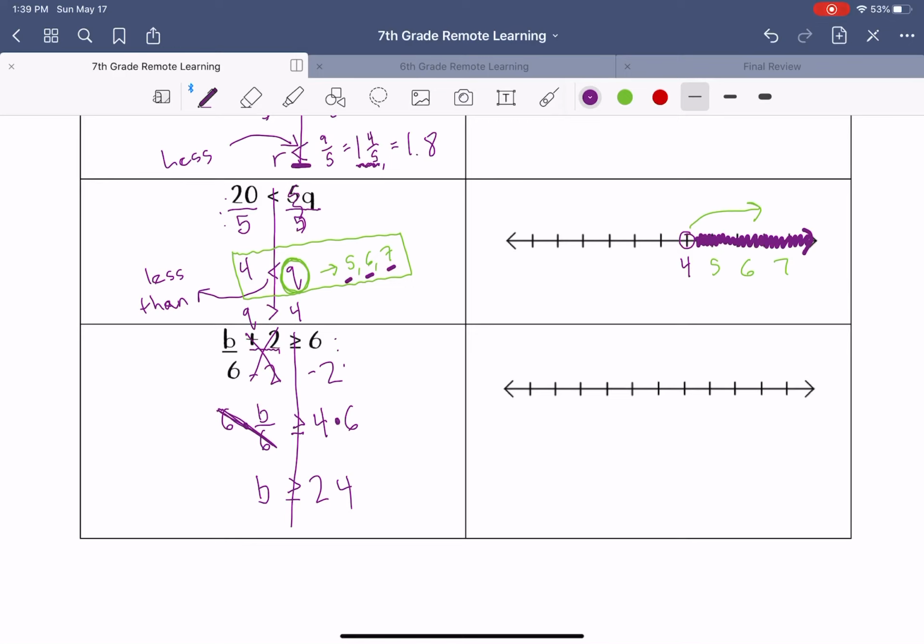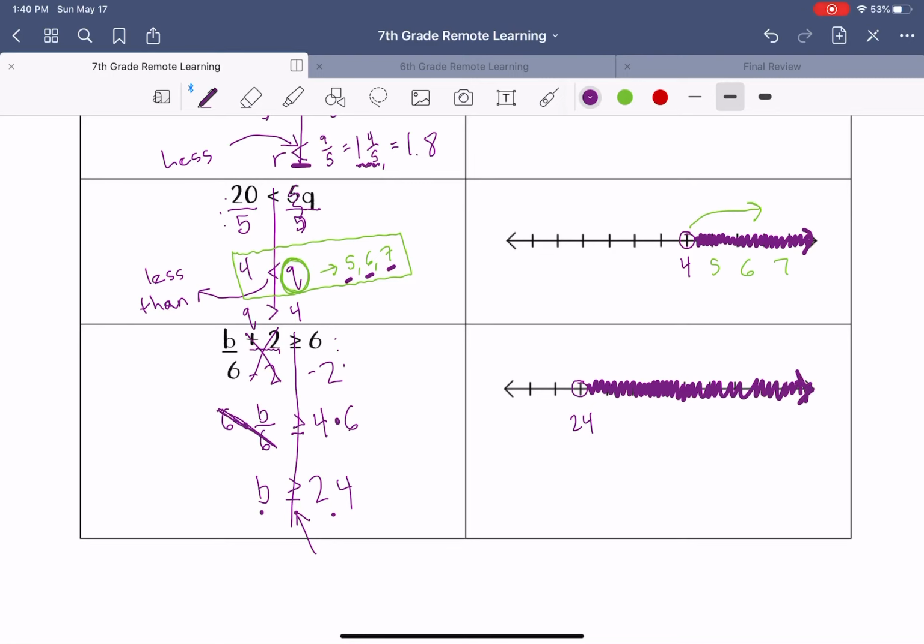So I'll draw my 24 wherever I want on my number line. That's my starting value. This inequality is a greater than, and my b is on the left-hand side, so I'm looking for numbers that are greater than 24. So that's everything over here on the right side of my number line.